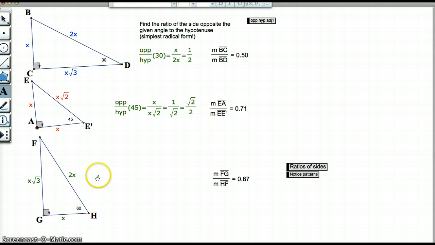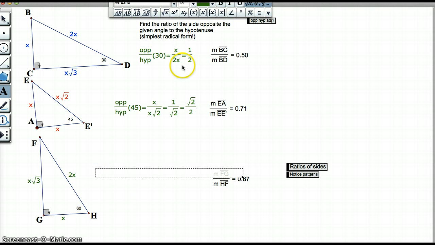Okay, and then finally, I'm going to do the opposite of our hypotenuse of a 60-degree angle. So I look at the 60-degree angle, and I look at the opposite. Opposite is x root 3. The hypotenuse is 2x. The x's are going to cancel out.